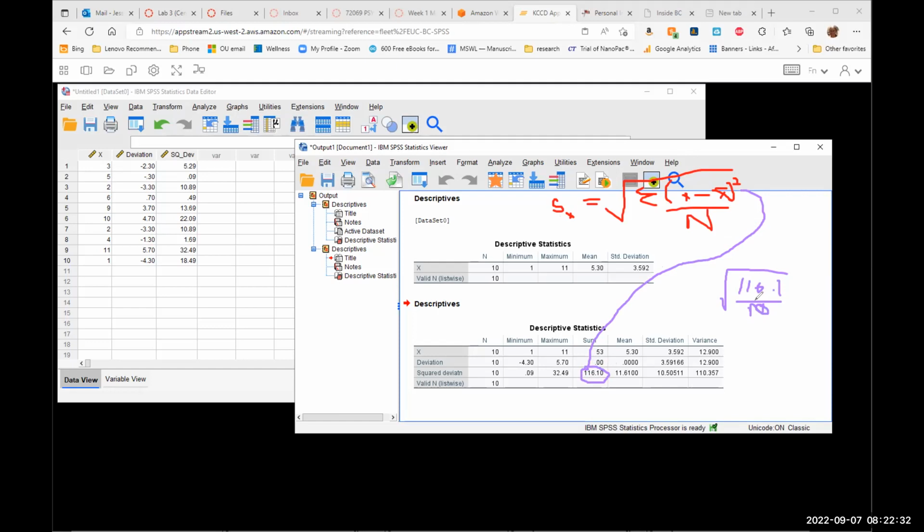Okay, so we have this part we can do in our heads, 11.61. Let's see, I have to get my fancy calculator. The square root is 3.4073. Okay. This is the sample standard deviation.